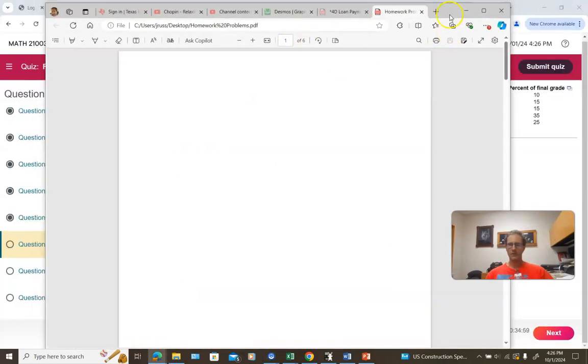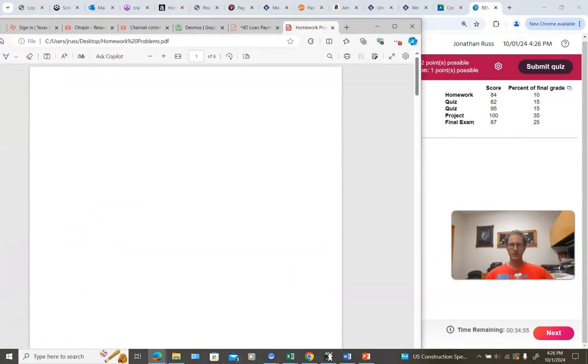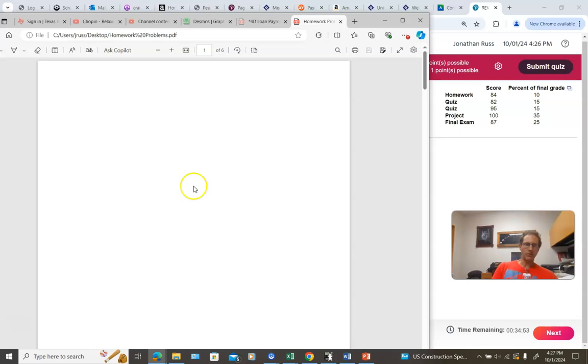Let's see. Okay. So the formula is actually this. The weighted mean is equal to the sum of each data value times its respective weight divided by the sum of the weights.